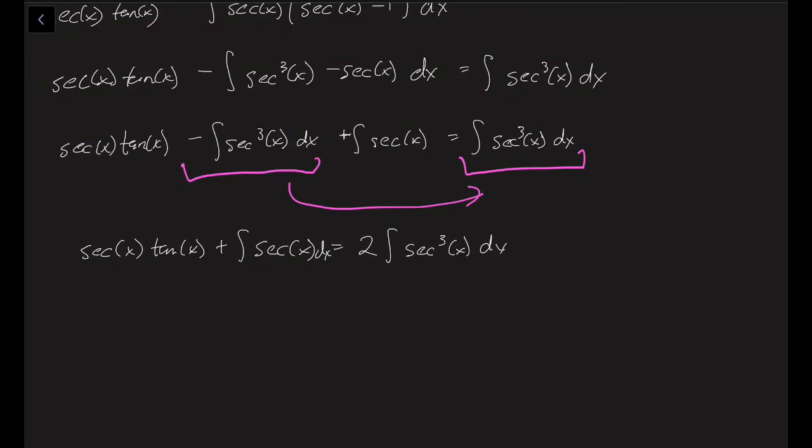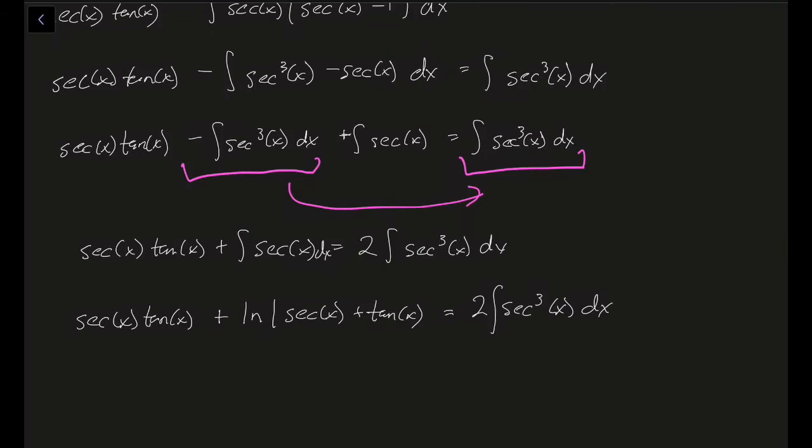We know what the integral of secant is. That's the natural log of secant x plus tangent of x. And we'll have secant x tangent of x here. And this is equal to 2 secant cubed x dx. And all we have to do now is get rid of this 2.